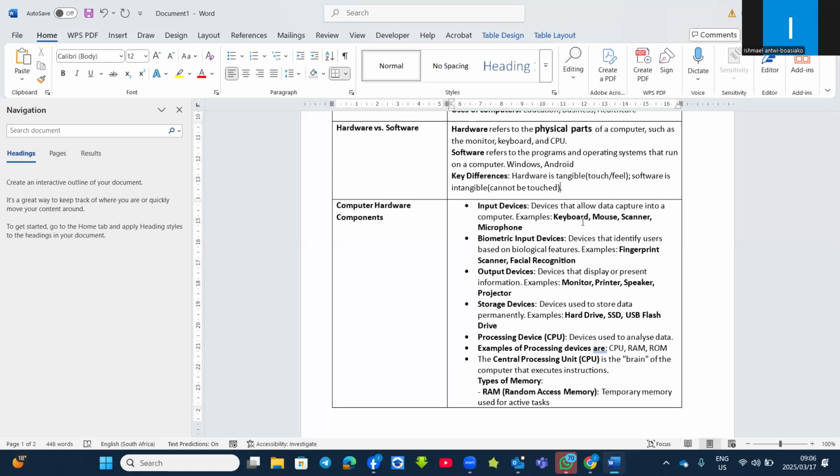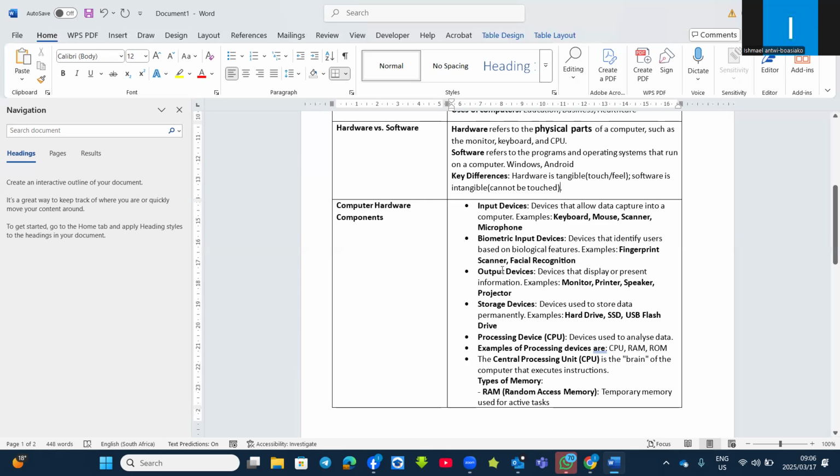And then we also have the mouse, scanner, and microphone. They are all input devices. Then we also have input devices called biometric input devices. They are the ones that identify your biometric features, for example, those able to read your fingerprint and your facial recognition. So we call them biometric input devices.